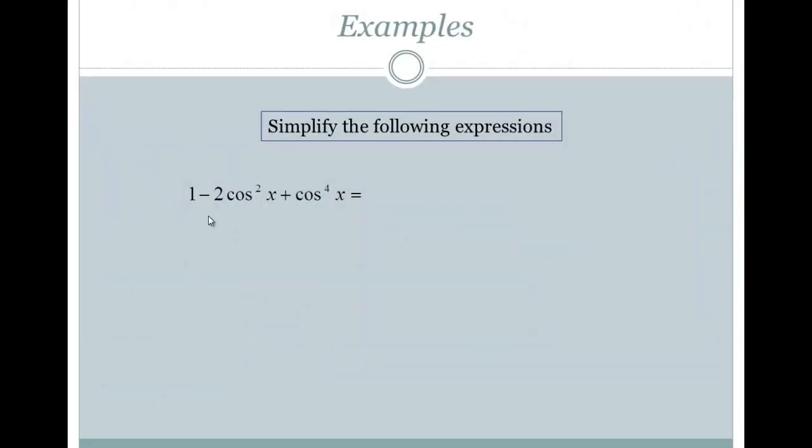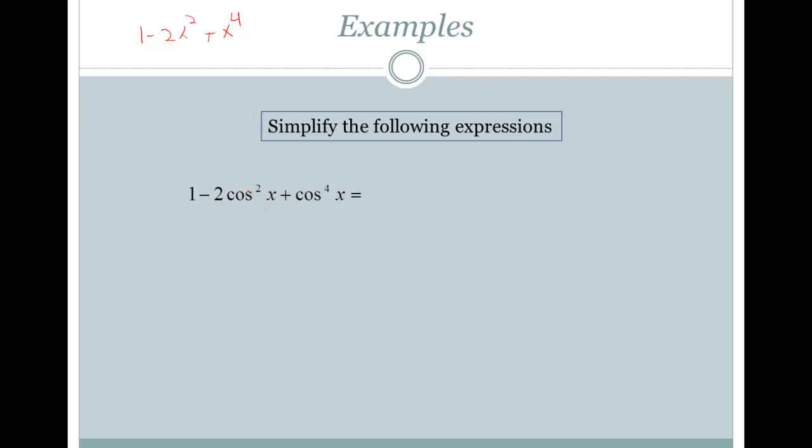Here's a little different one here. We've got 1 minus cosine squared x plus cosine to the fourth of x. If you look carefully at this, it looks something like, if I gave you something like this, 1 minus 2x squared plus x to the fourth, you should recognize that I can factor this, okay?